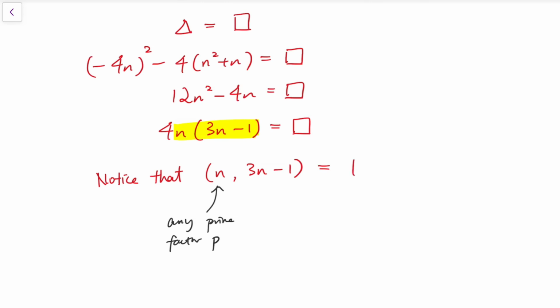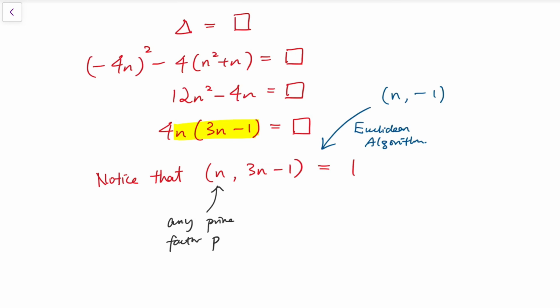And so that means they must be coprime. Or we can achieve that by using the so-called Euclidean algorithm, which reduces to the GCD of n and minus 1, by just putting away the 3n.